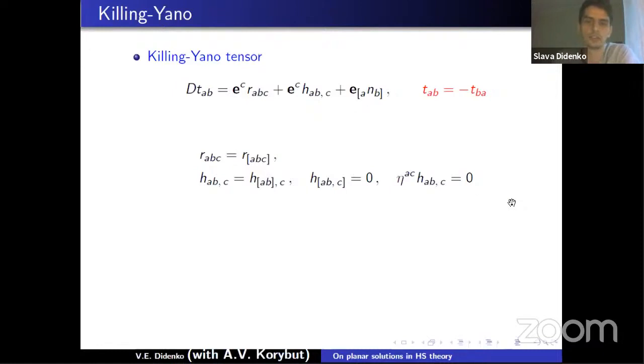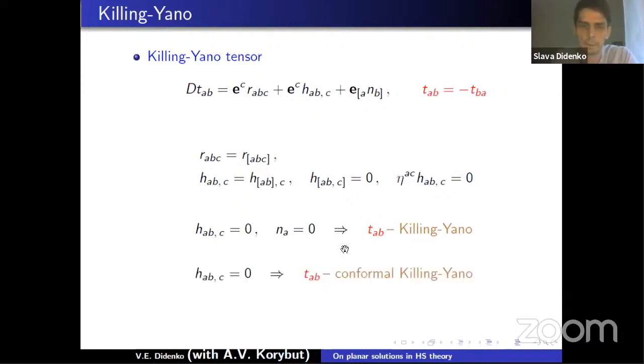And then you may play this game by requiring something to vanish. For example, if you set the hook to 0, then if the spacetime is consistent with this condition, T_AB is called the Killing-Yano tensor. You should also require N to be 0.